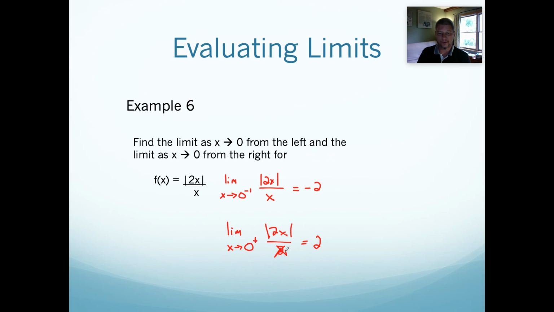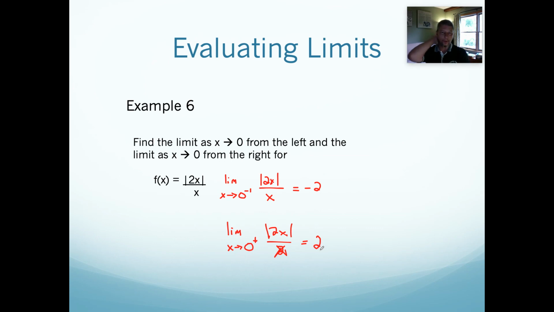All right, divided by 1 is 2. And so you can see that from the left, we're approaching -2. From the right, we're approaching +2. Essentially, if you were just to calculate this limit as x approaches 0, the limit does not exist because it's approaching 2 different values of y from the left side and from the right side, respectively.